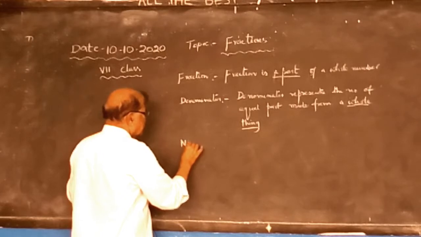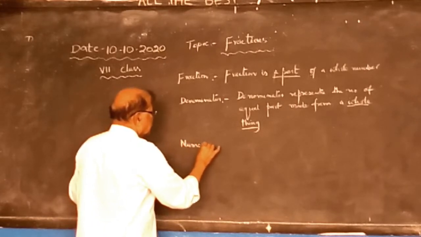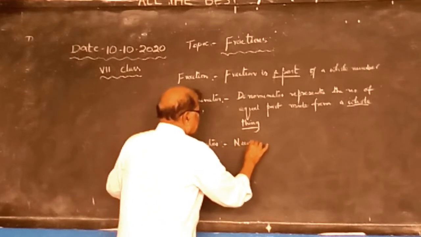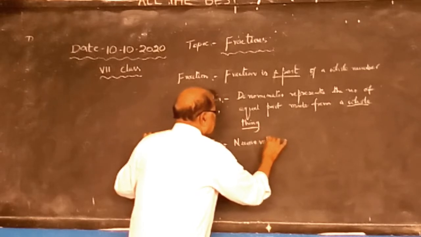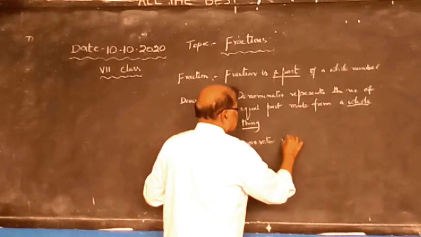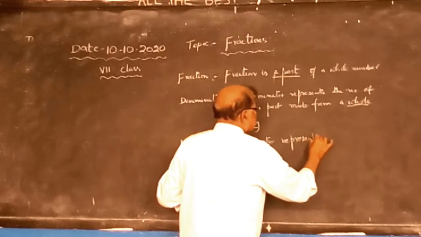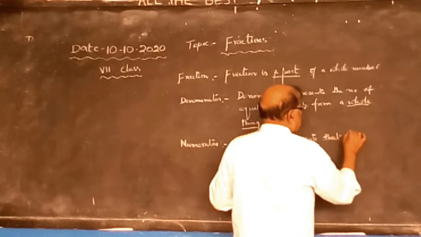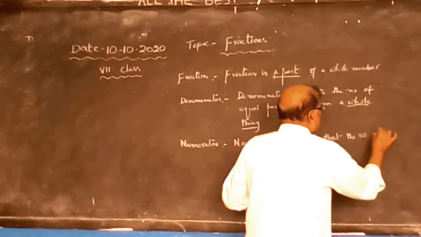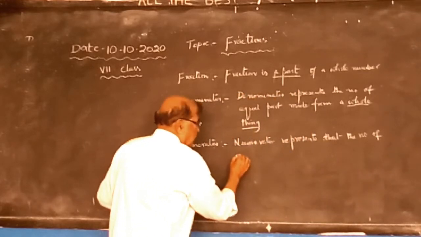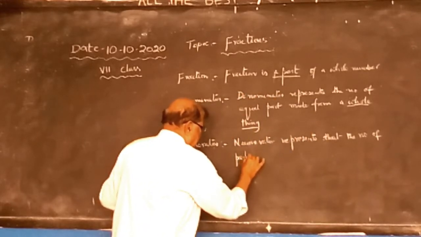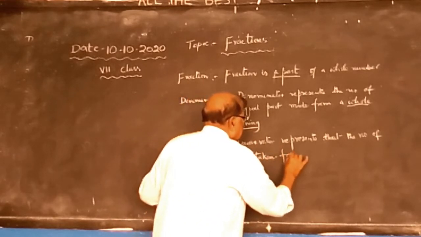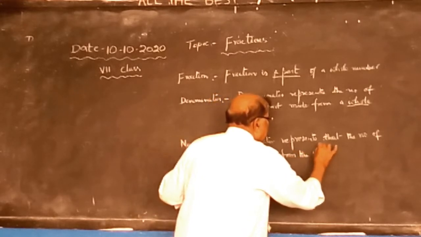Numerator represents that number of parts taken from the whole number.